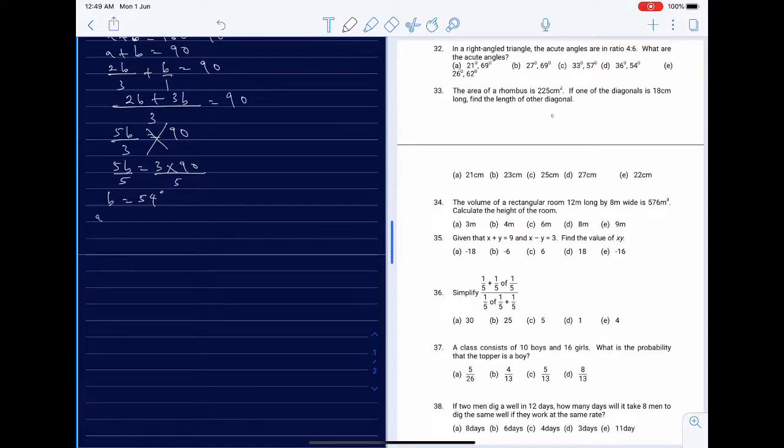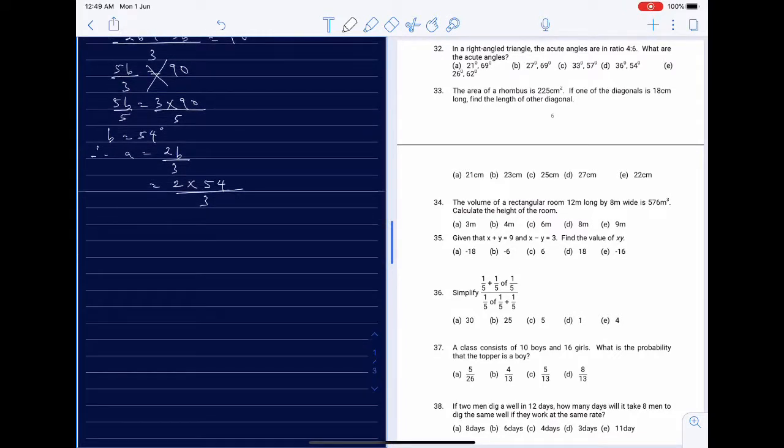And that means A equals 2B over 3, which is the same as 2 times 54 all over 3. And that's 36 degrees.